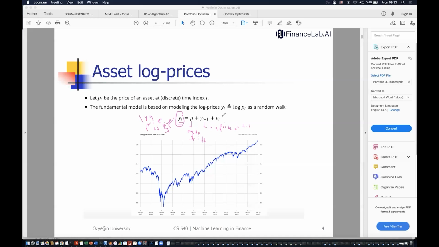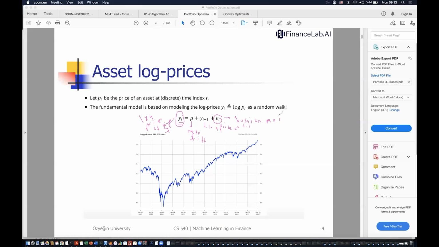And we have some Gaussian noise epsilon_t here. So log of these prices can be modeled as a random walk, and the assumption is Gaussian noise.